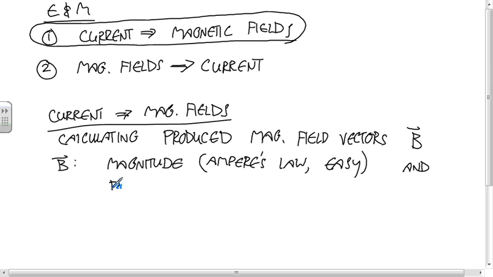And a direction. The direction is going to come from three different applications of the right-hand rule. And actually, change that to two. The third one isn't really exactly the same thing. So, two different applications of the right-hand rule.